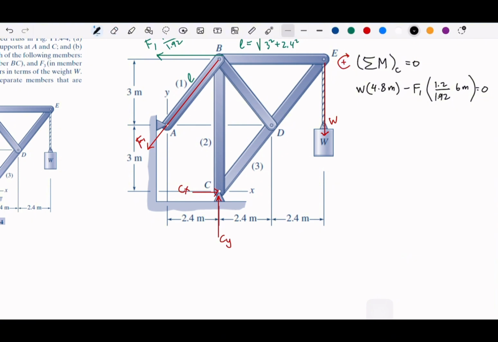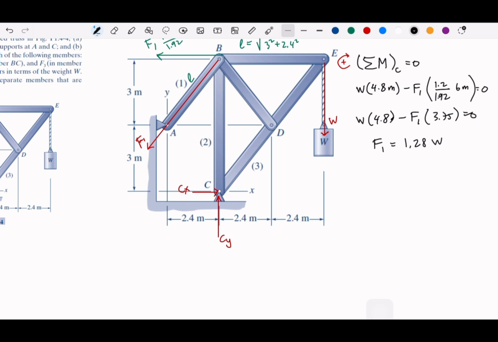So we get everything from here. We get around 3.75. So we get F1, after calculations, is 1.28 W.